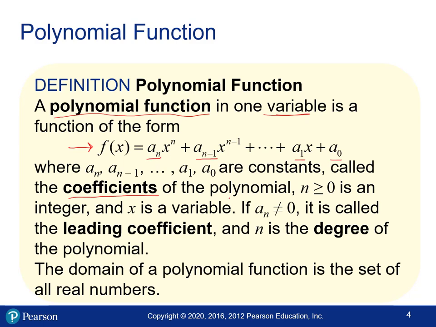And then this degree here, so this number n, this is what we call the degree of our polynomial, and it is the highest power on x. So you're going to, most of the time, have quite a few terms with x in them, but it is the largest exponent, highest power. And so that's the degree of your polynomial, and it is important to know that to make it a polynomial, the degree has to be 0 or greater, so non-negative, and it has to be an integer.